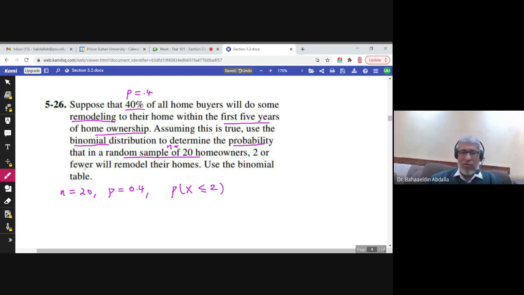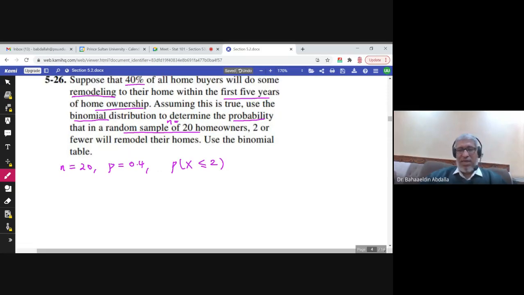Determine the probability that 2 or fewer, so the number of homeowners is less than or equal to 2. Fewer means less. Will remodel their homes. So you can say that x is the number of people in 20, because their number is 20, who will remodel their homes, of course in the first 5 years, as he mentioned.